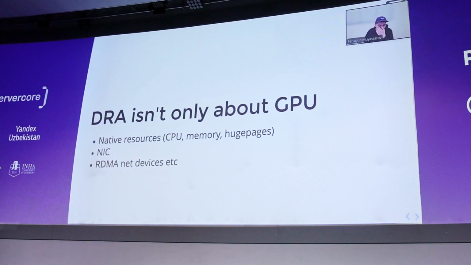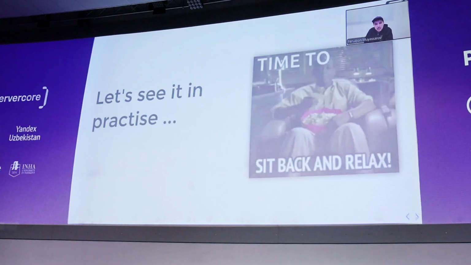There's a project called DRA-Net, which is for networking related resource allocation. So you could say, give me this much bandwidth for my pod, or give me an interface that has this much bandwidth for my pod. You could also request RDMA network devices and so on. It's quite rich. So it's not only about GPU anymore, and it's also going in the direction of the native resources.